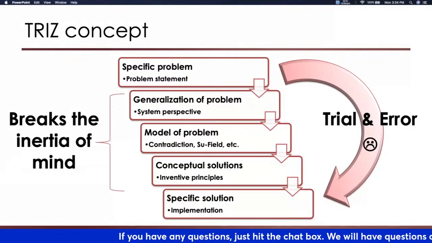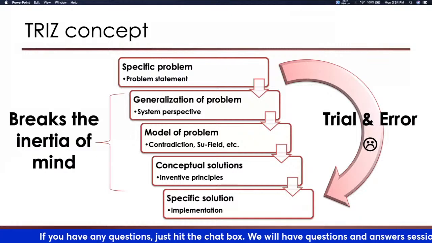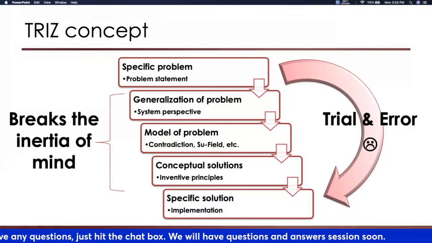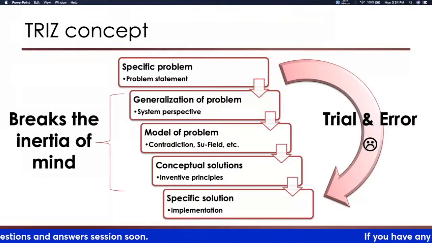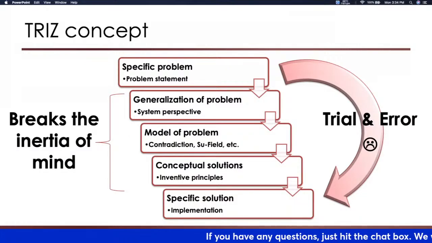If we do not have the steps, we eventually do trial and error.